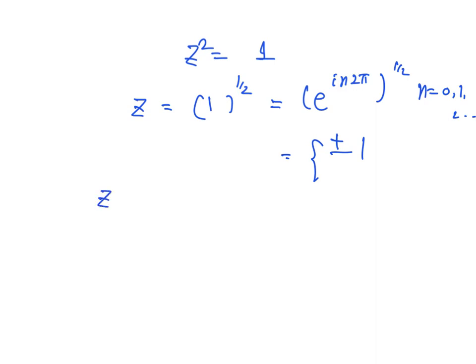If you want to solve this, z cubed equals 1, which is exponential plus or minus 2n pi i.